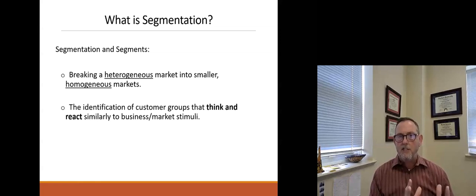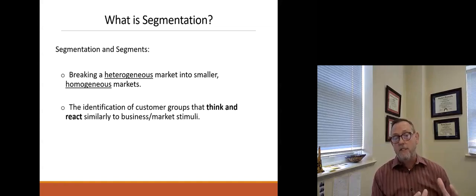Again, this homogeneous group is a segment of consumers who think and react similarly to business or marketing stimuli. That's really an important concept, that once we do this regrouping of consumers, they will behave in similar fashions when we, for instance, change price or create an ad or redistribute the product, or do something in branding.